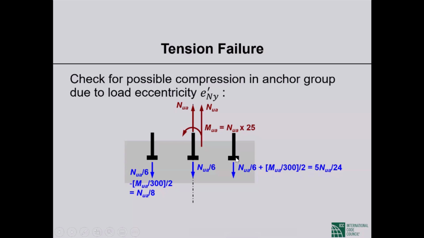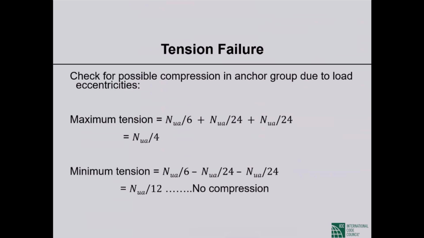So this anchor gets a tension of 5/24 of the applied tension, and this anchor gets a tension of 1/8 of the applied tension. There is no compression here. This could go into compression, but that did not happen, either due to the X eccentricity or the Y eccentricity.